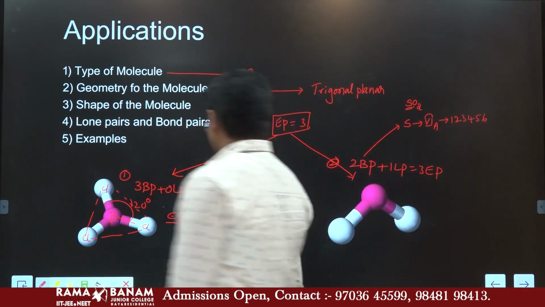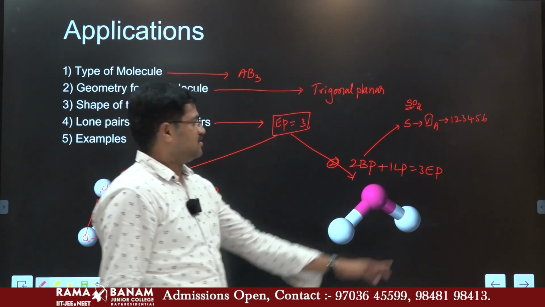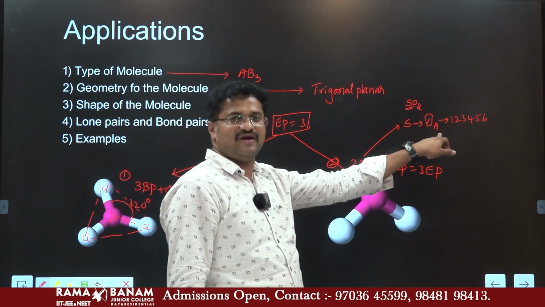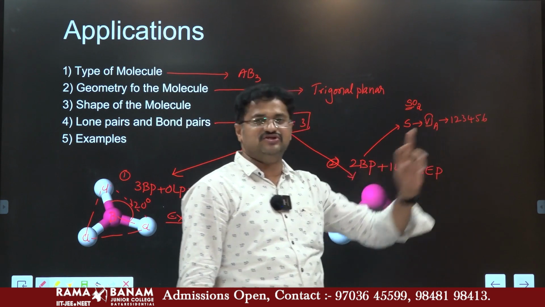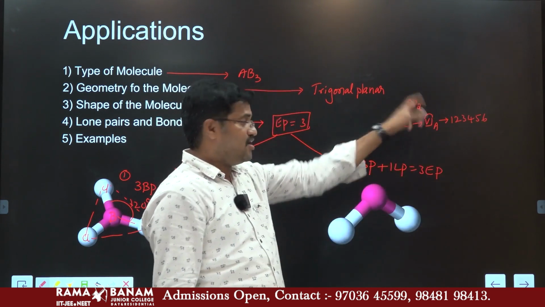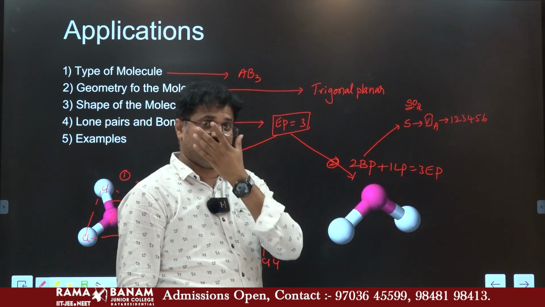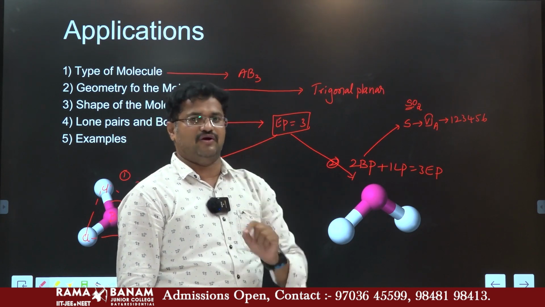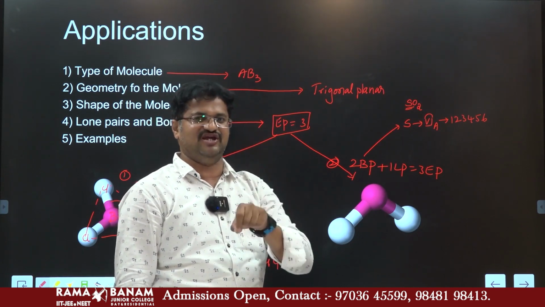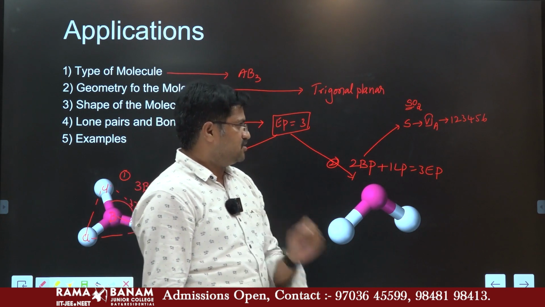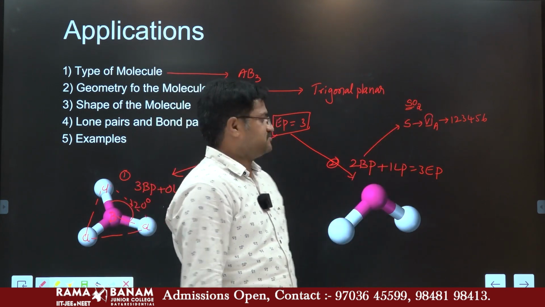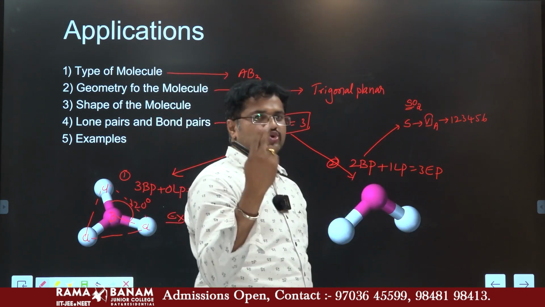Sulfur acts as the central atom, with 6 electrons in the valence shell. But here the bond atom is oxygen. Oxygen, in the oxygen family of oxygen, sulfur, selenium, polonium, forms double bonds. Double bond means 2 electrons are required.